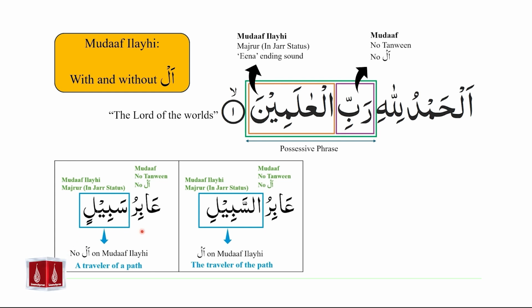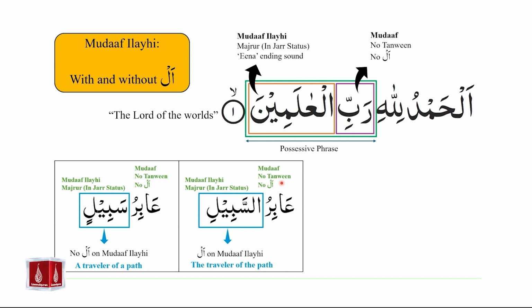Taken together, abiru sabilin will be translated as a traveler of a path or a traveler of any path. The absence of al on mudaf ilay does not bring out the in the translation. In contrast, if we look at abirus sabili, here al has been added to sabilin to make as-sabili.